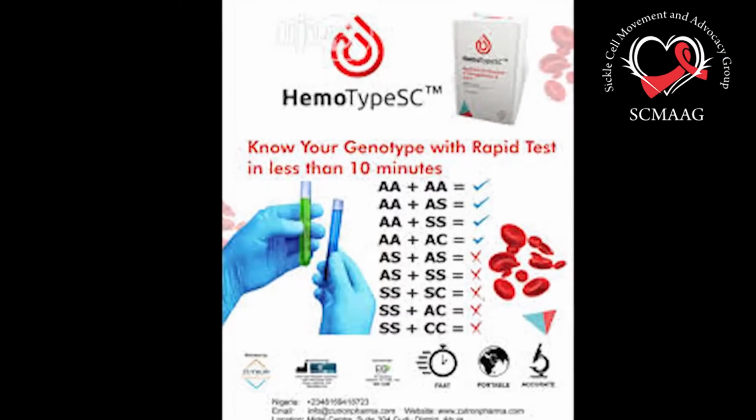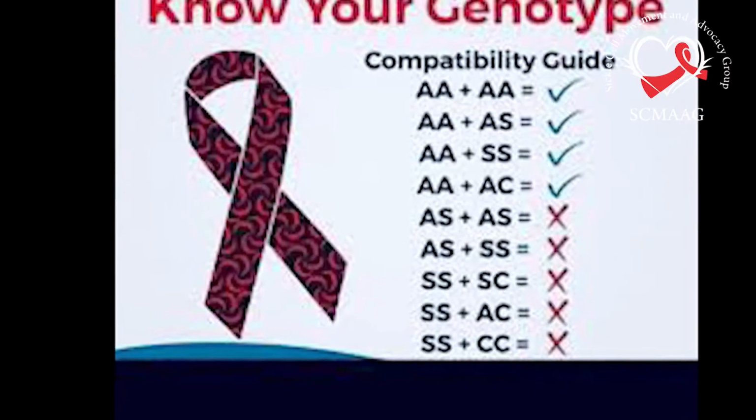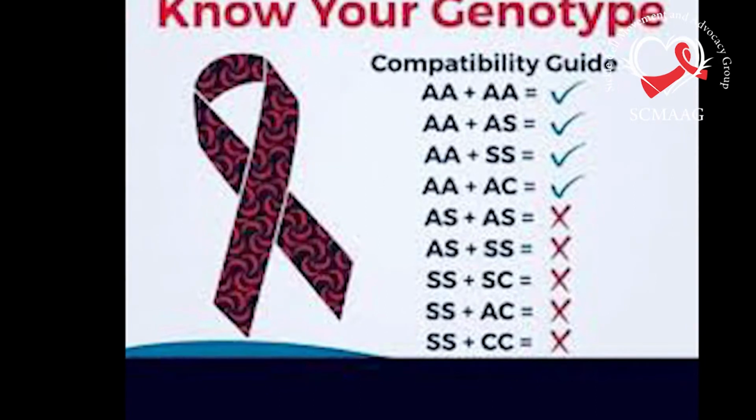But someone that is SC definitely cannot marry someone, ideally, well, we are just advising now, we definitely do not support going for someone that is AS, because if you look at the Mendelian pattern of inheritance that we spoke about in the previous series, there's every tendency that they might come down with a child that will either be SS, because there's S in the mix-up, and also C, that is SC.